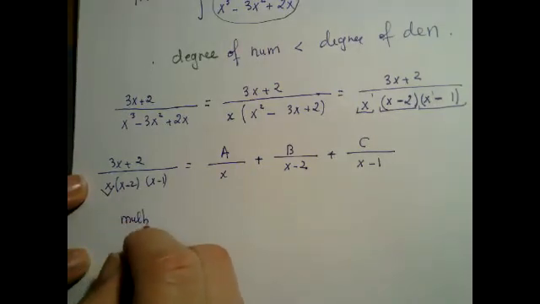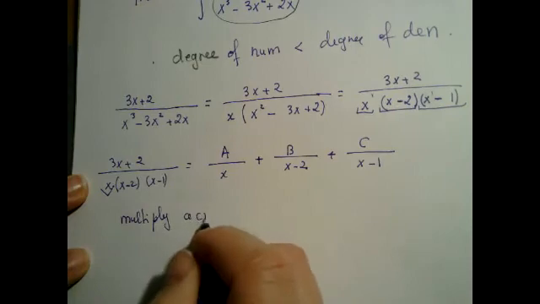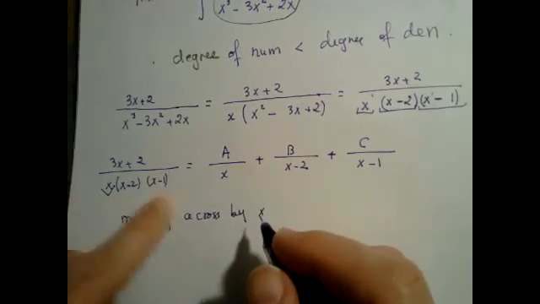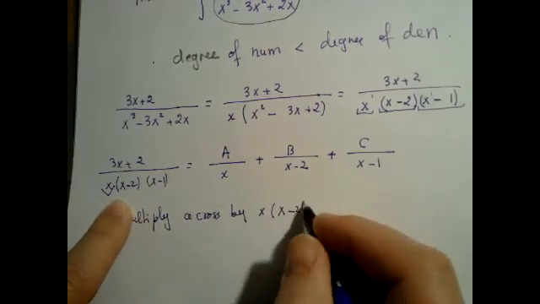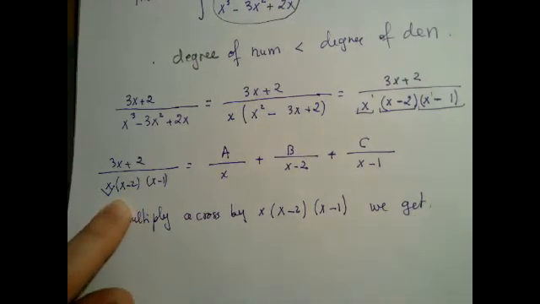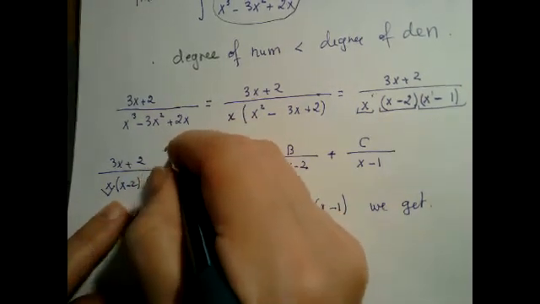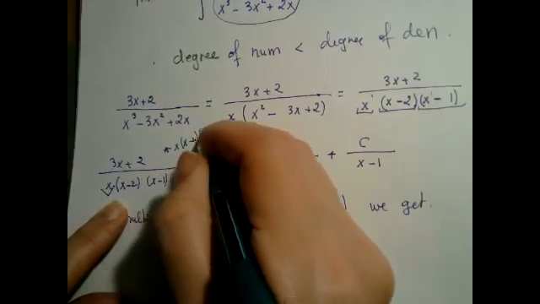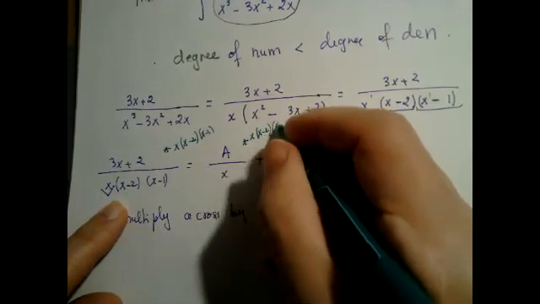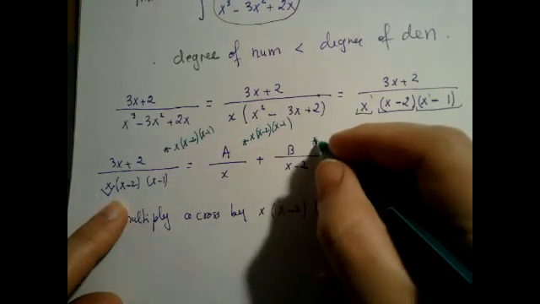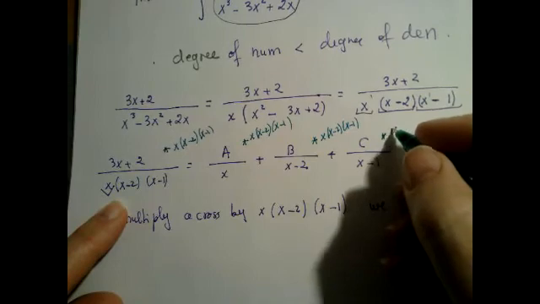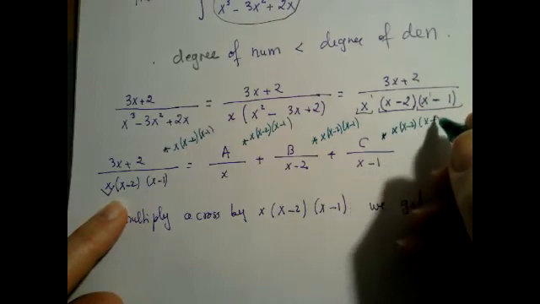We multiply across by this common denominator. Basically, I want to get rid of that by x times x minus 2, x minus 1. And let's see what we get. So I have to multiply this by x times x minus 2, x minus 1, everything across the board. Okay.